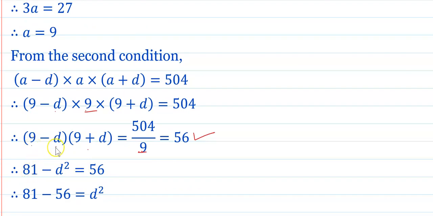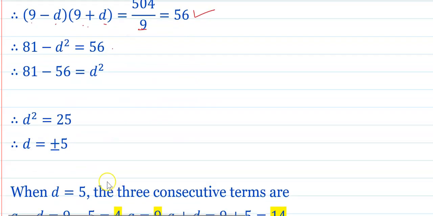This is 9 minus d, 9 plus d. याचा दोघांचा product किती येणार? a minus d into a plus d, you will get a square minus d square is equal to 56. Therefore, here 81, हा d square इकडे shift करणार, 56. Left ला आणणार. 81 minus 56 is equal to d square. Therefore, d square is equal to 25, taking the square root, d is equal to plus or minus 5.